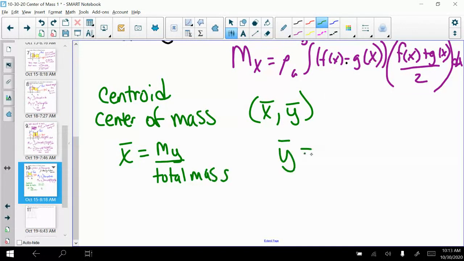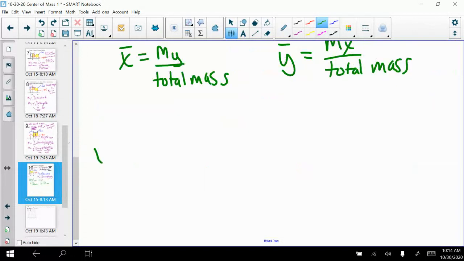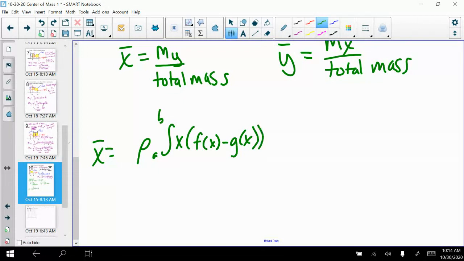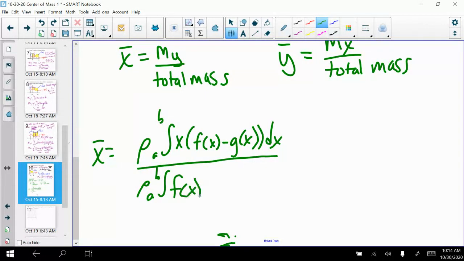And y bar is our moment about x, because those are using y distances, divided by our total mass. Which means that x bar is rho times the integral from a to b of x times f of x minus g of x dx, all over rho times the integral from a to b of f of x minus g of x dx.